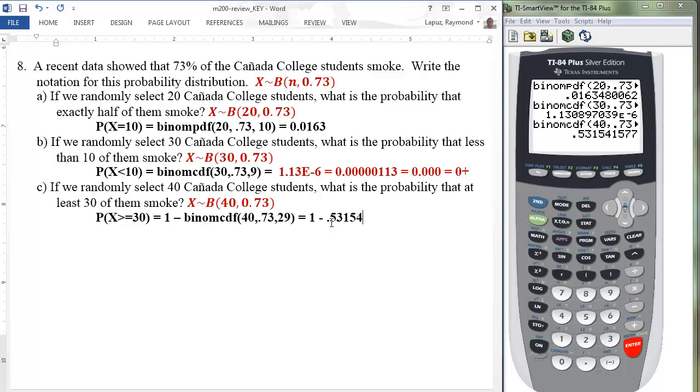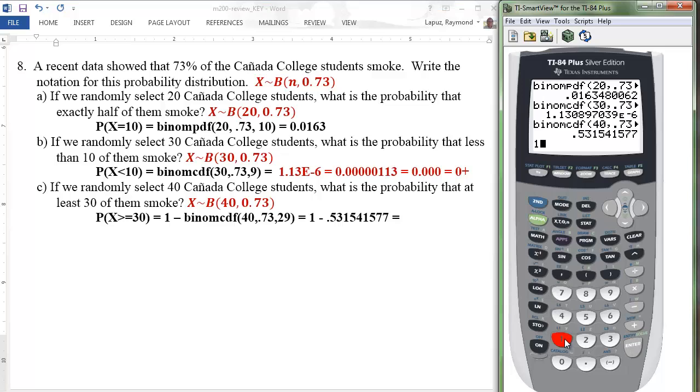Since this is an intermediate calculation, I usually prefer to put as many decimal places as possible and then actually do the subtraction from there. So to figure this out, I'm going to say 1 minus that thing that I just got.